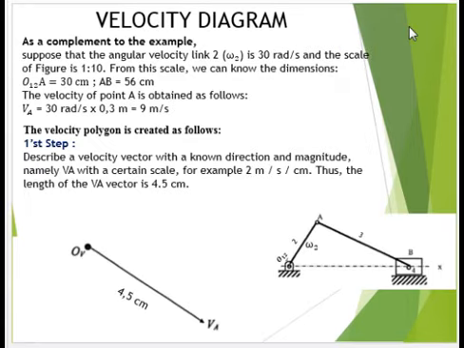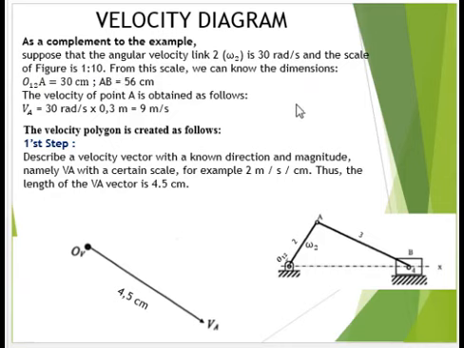Furthermore, as a complement, we can use the example below. Suppose the angular velocity of link 2, omega 2, is 30 radians per second, and the scale of the figure is 1 in 10.